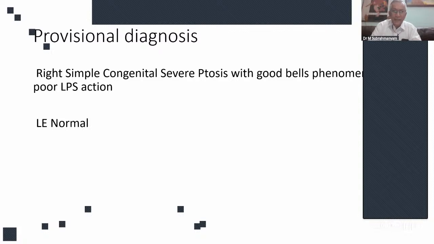There is another procedure called Calhan's procedure. In Calhan's procedure, they do not disinsert the levator from the normal eye, but they put a sling so that when the patient is looking down, it causes lid lag so that both the eyelids will match in down gaze, but not in up gaze.